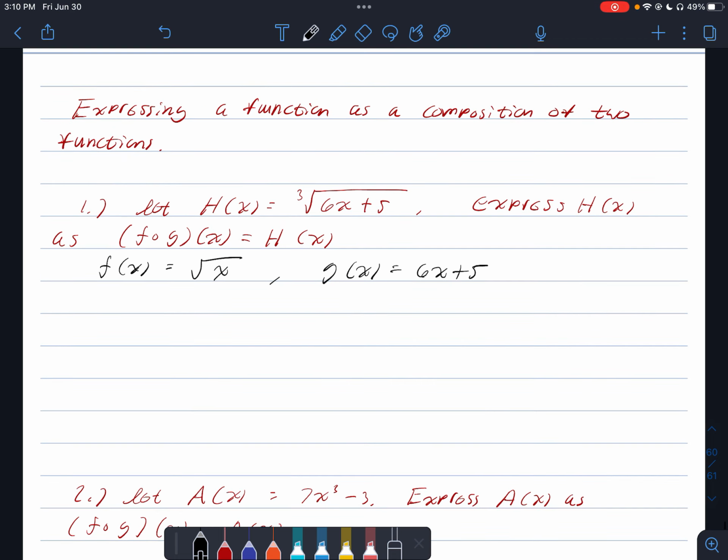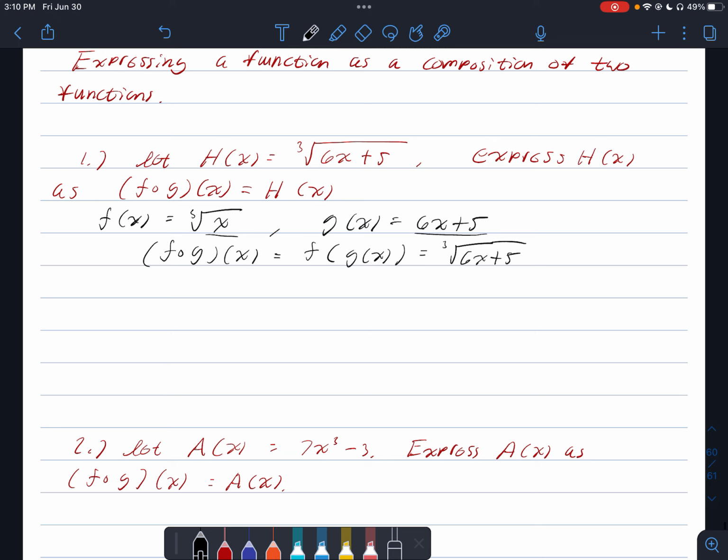If we do the composition, f composed with g of x, you'll get f of g of x, which is the cube root of 6x plus 5, because we take 6x plus 5 and plug it in for x here, and then, hey, look, we get our initial function h of x back.